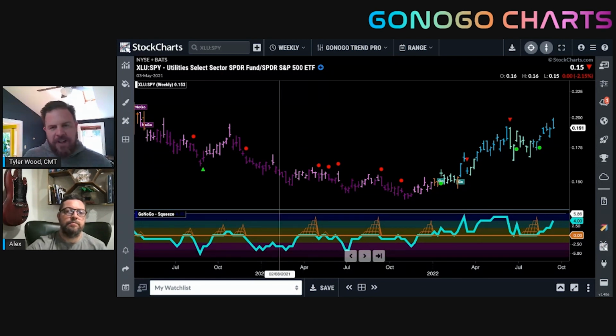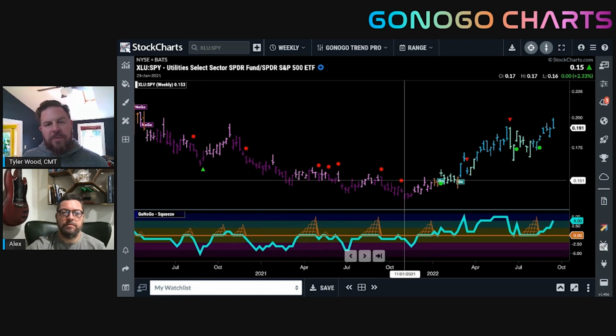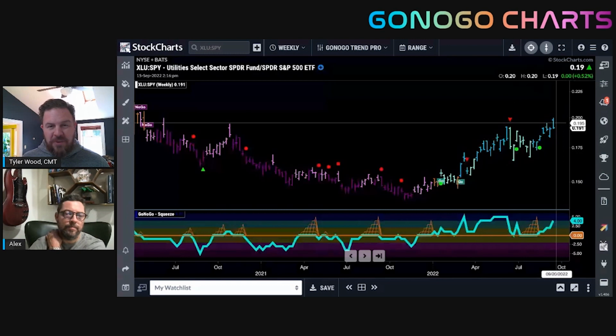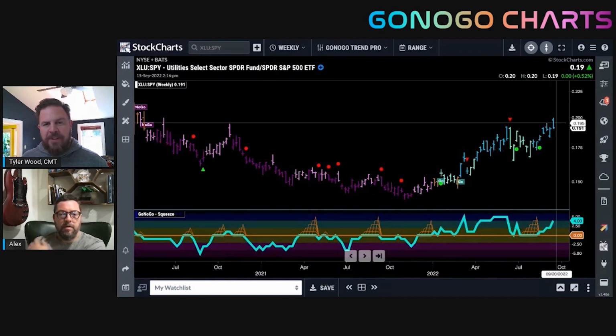And what we're seeing right now is the relative outperformance of utilities against the broad market really throughout 2022. This has been an outperforming sector on a relative basis to the index for most of this year.